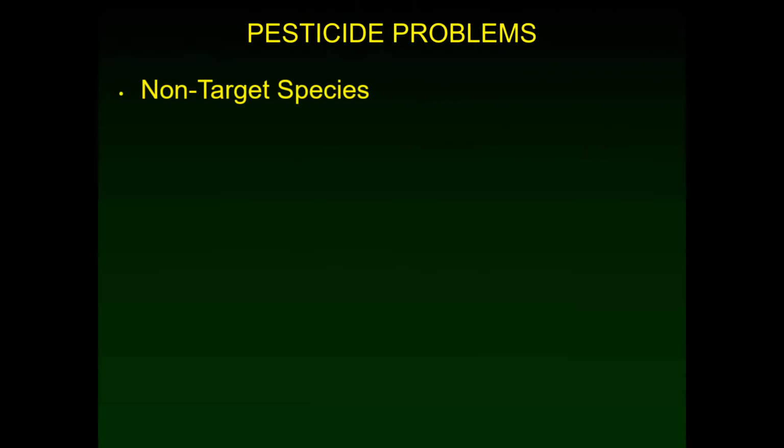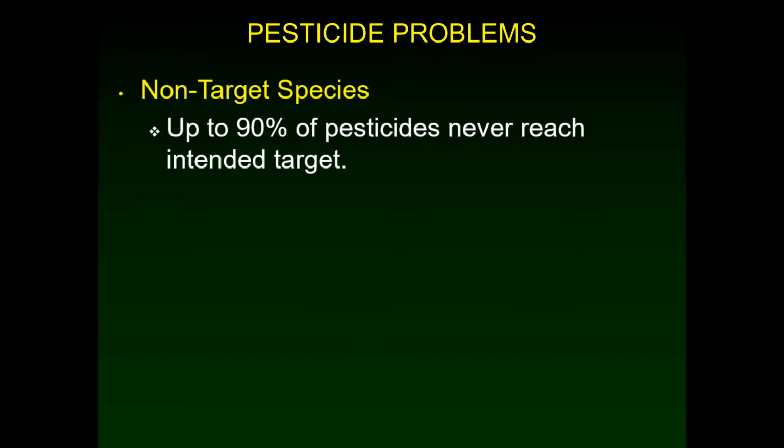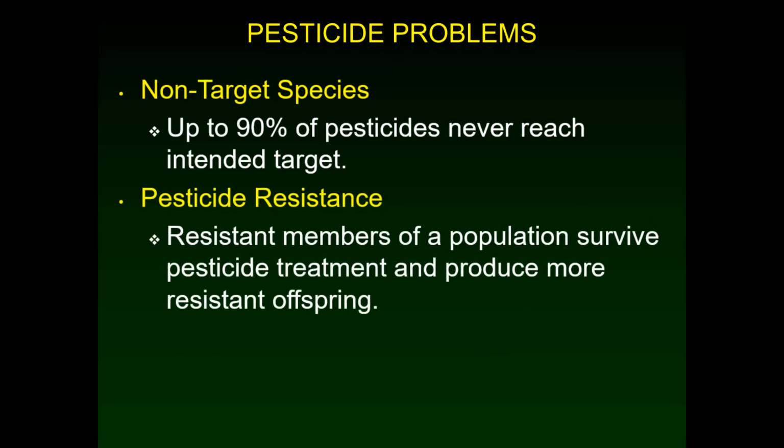So problems associated with pesticides, one of the biggest ones, and this is a massive concern, is non-target species. Up to 90% of pesticides never reach their intended target. You spray it onto a field and it doesn't actually make it to where it's supposed to go. There's also pesticide resistance. Resistant members of a population survive pesticide treatment and produce more resistant offspring.